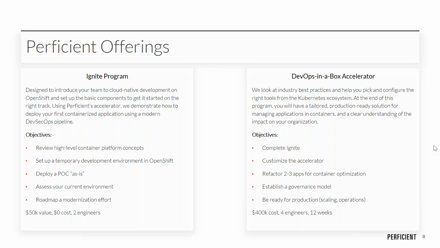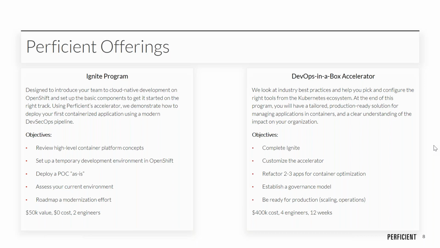We come in and do an assessment and all these workshops, and then if you're interested in something a little bit longer term, we also have an accelerator program that's a 12-week program that follows the Ignite program in general, where we actually customize the accelerator for you. If you have some tools that you already invested in, like Jenkins, and you don't want to use Tekton, for example, we can tweak that.